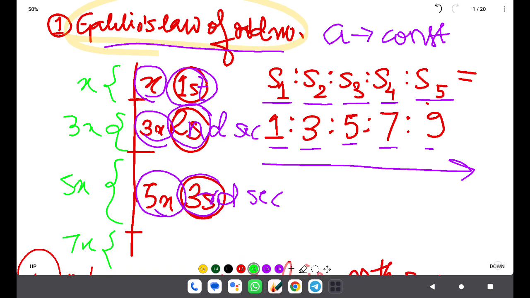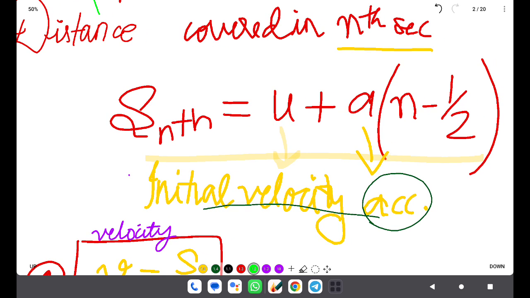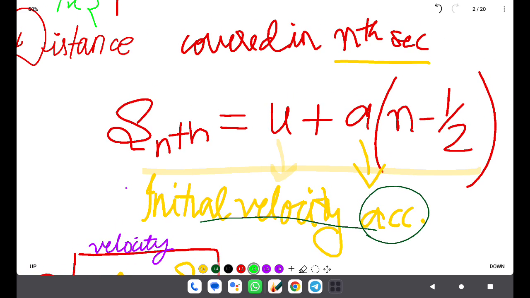Moving to the next tip. Now we have one formula that will help us a lot while solving the numericals. We have the formula for calculating the distance or the displacement covered in the nth second.